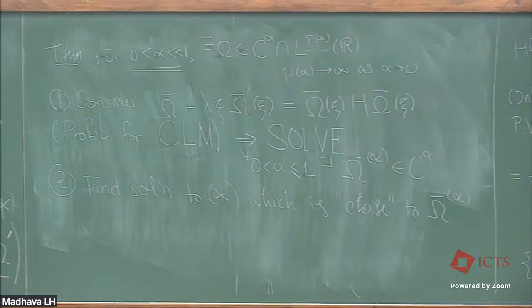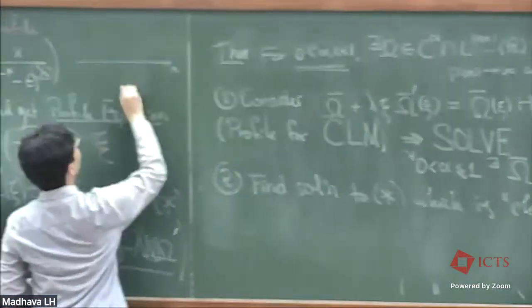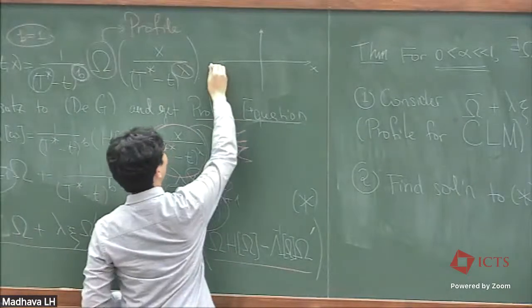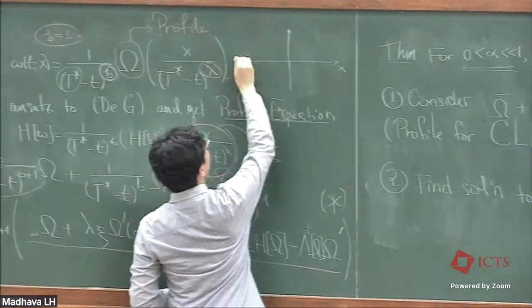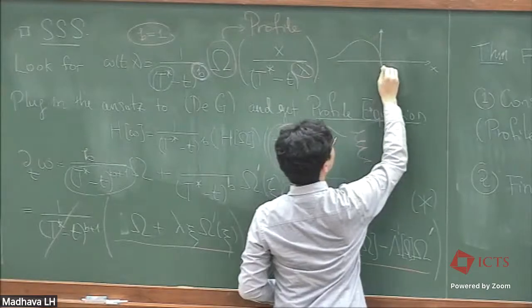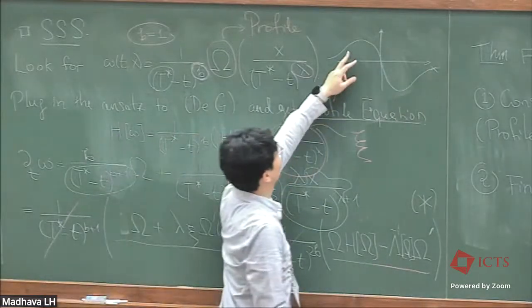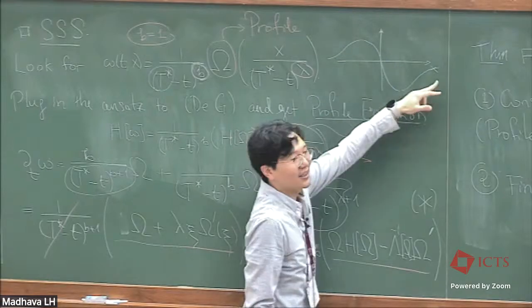But at least for these exactly self-similar solutions, or maybe I should have drawn a picture, that does not happen, at least for this exact solution. So this profile looks like this. And for alpha small, you have a C^alpha cusp here.